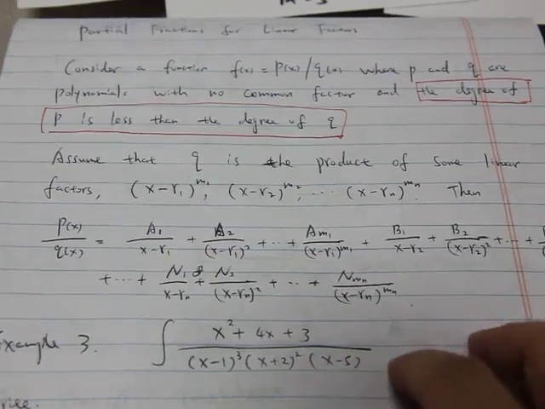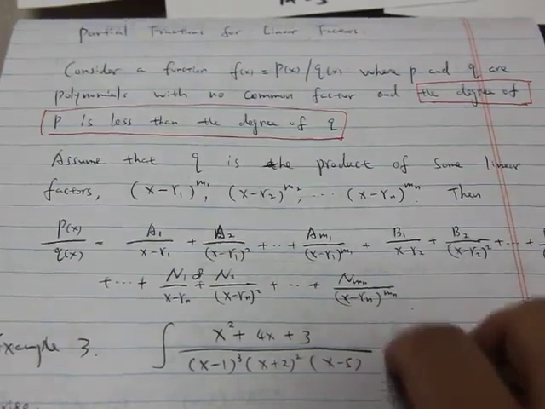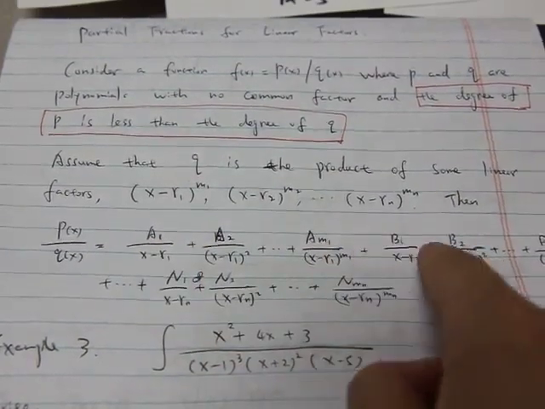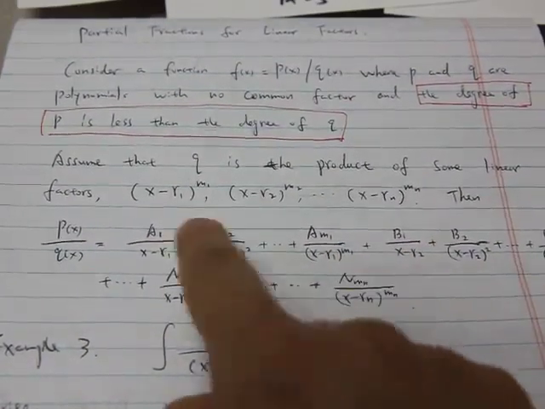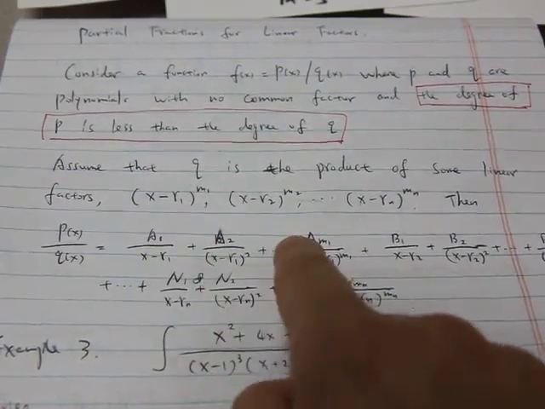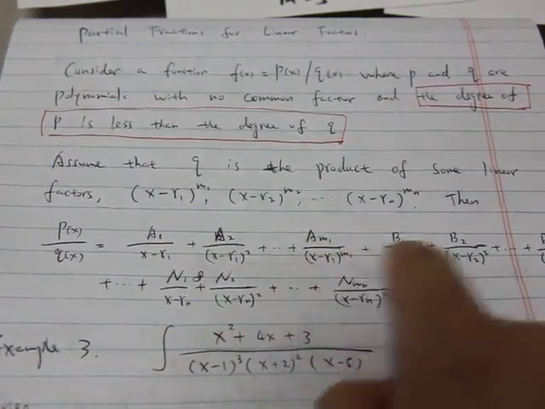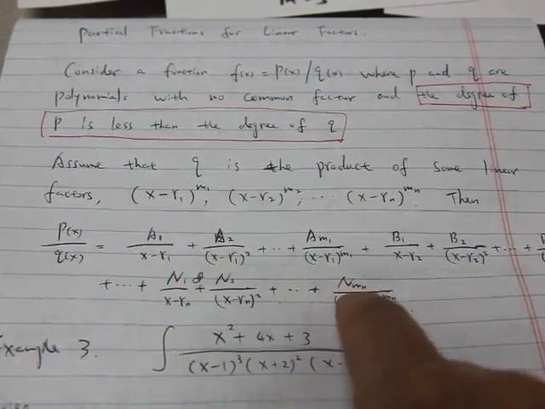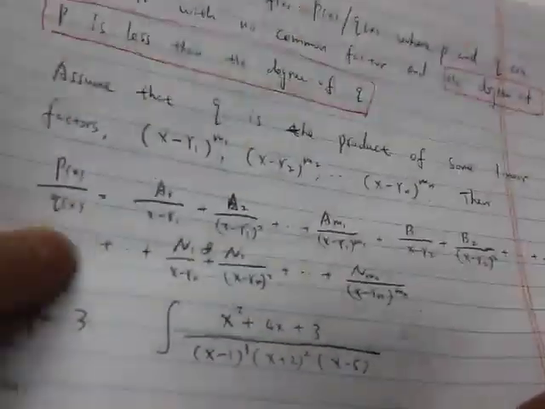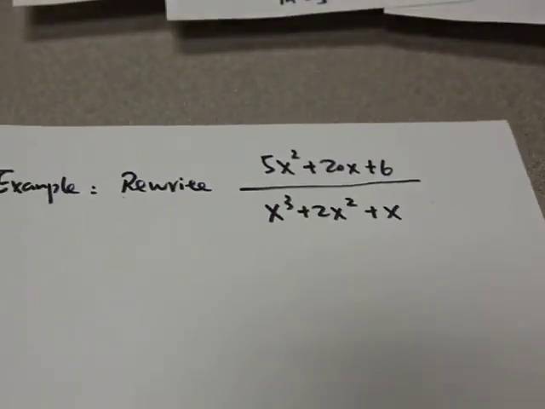Okay. And after that, you need to solve for each number. You need to determine what a1, a2, a_m1, and all the way to capital N, mn are. Okay. Like in this example.